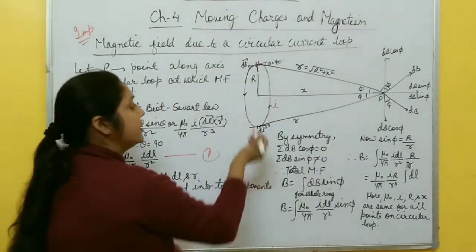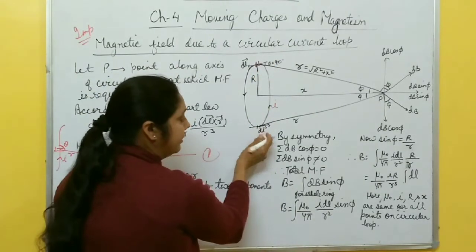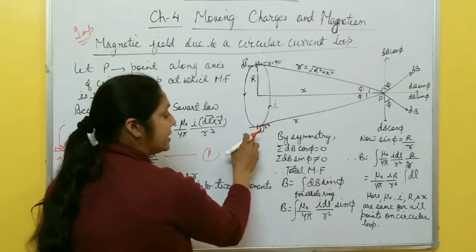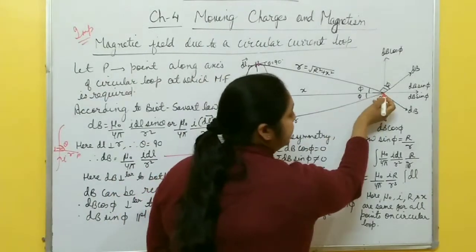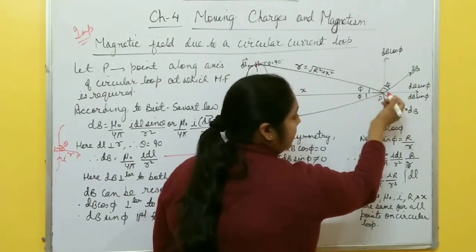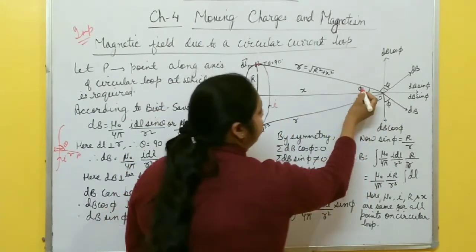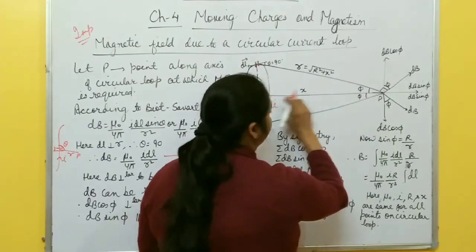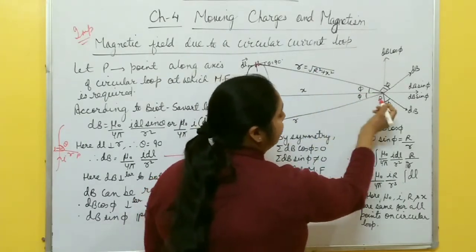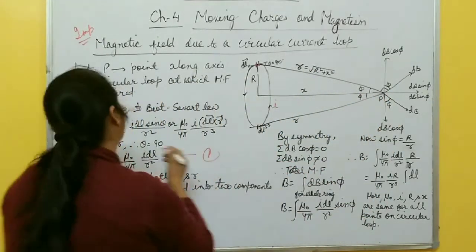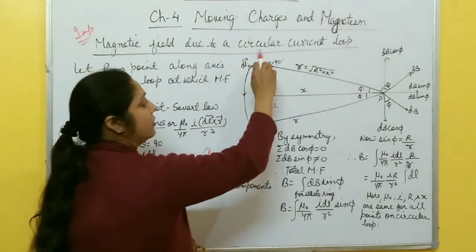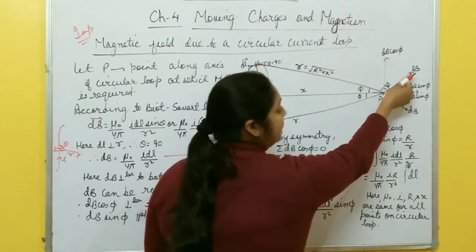Now let us suppose another diametrically opposite element here, dl, and due to this current element, again the magnetic field at this point is along this direction. So let this angle be phi, which r makes with the axis of this ring. According to this formula, dB is perpendicular to dl and r. dl is along this one, r is along this one, and dB is along this one.